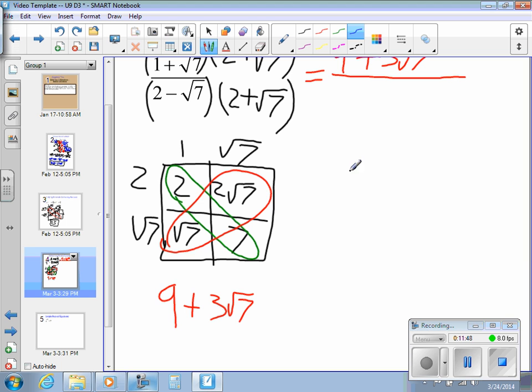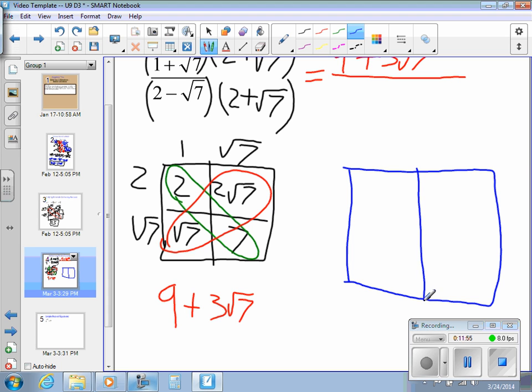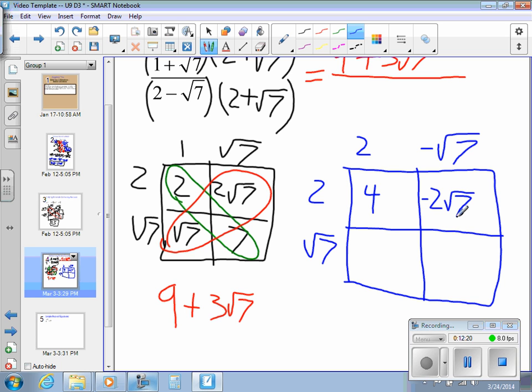And we'll change to this color. So let's take a look at this now. On the bottom, I have 2 minus the square root of 7 and 2 plus the square root of 7. So 2 times 2 is 4. 2 times the negative square root of 7 will give me negative 2 times the square root of 7. 2 times the square root of 7, positive 2 times the square root of 7.